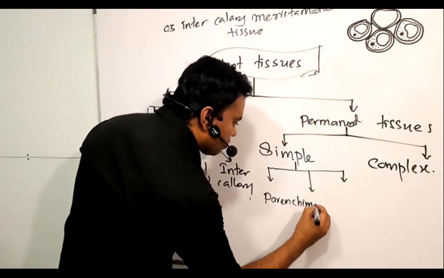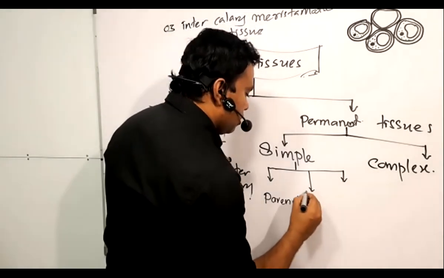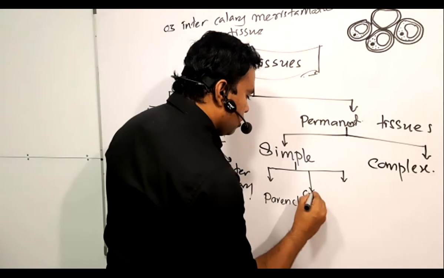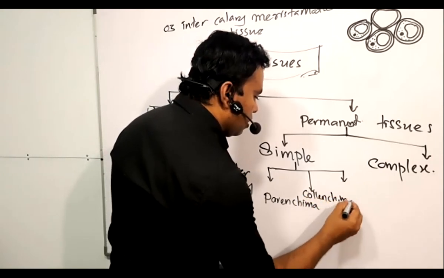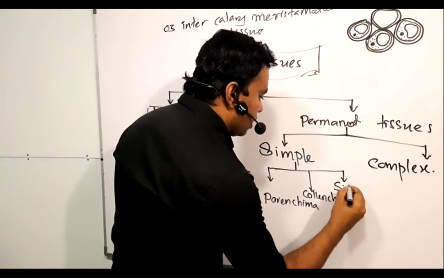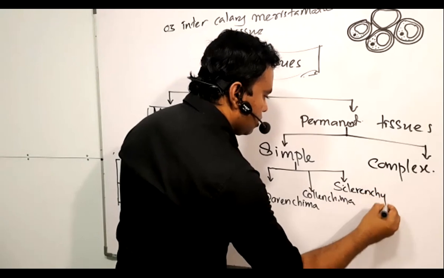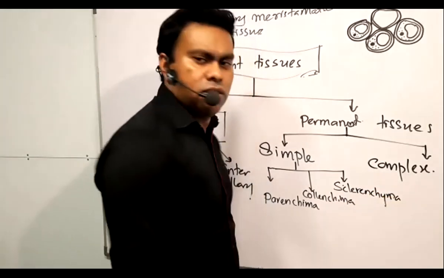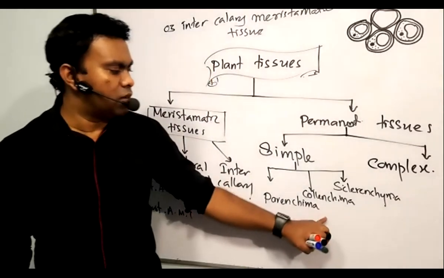Next, collenchyma. Here, sclerenchyma. Okay, rhyming, no? Parenchyma, collenchyma, sclerenchyma.